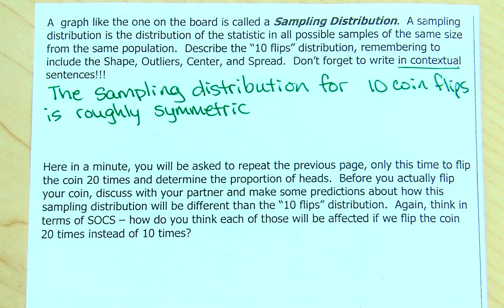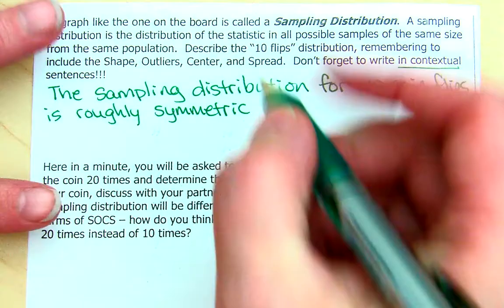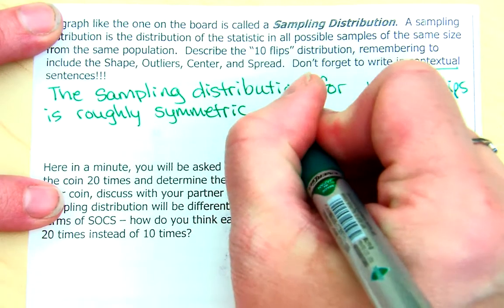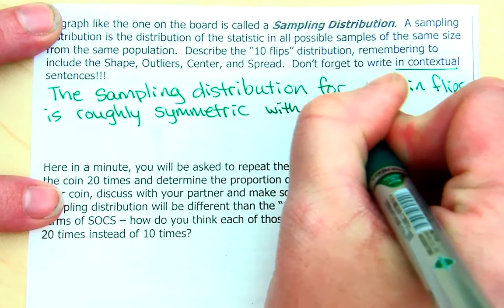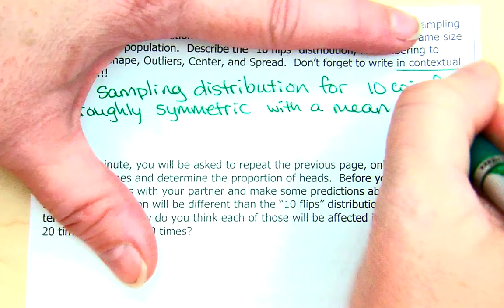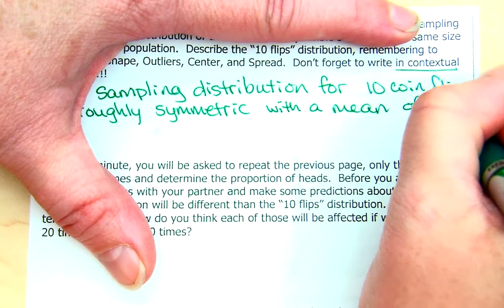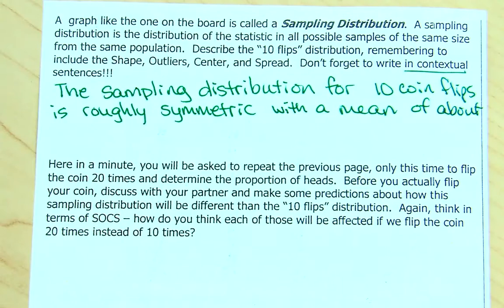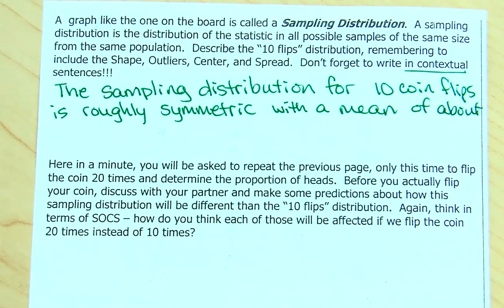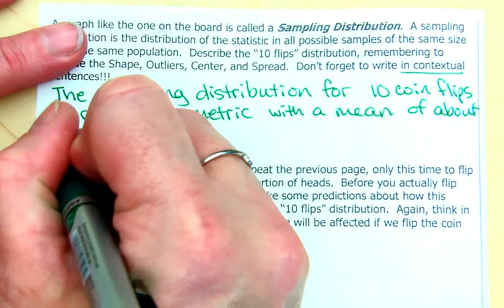We're not going to go to the trouble of entering all these values and calculating standard deviation, so we're going to kind of estimate the mean. So we're going to say with a mean of about... What could we estimate the mean to be? What would you say is the center of that distribution? About 0.5. Okay.